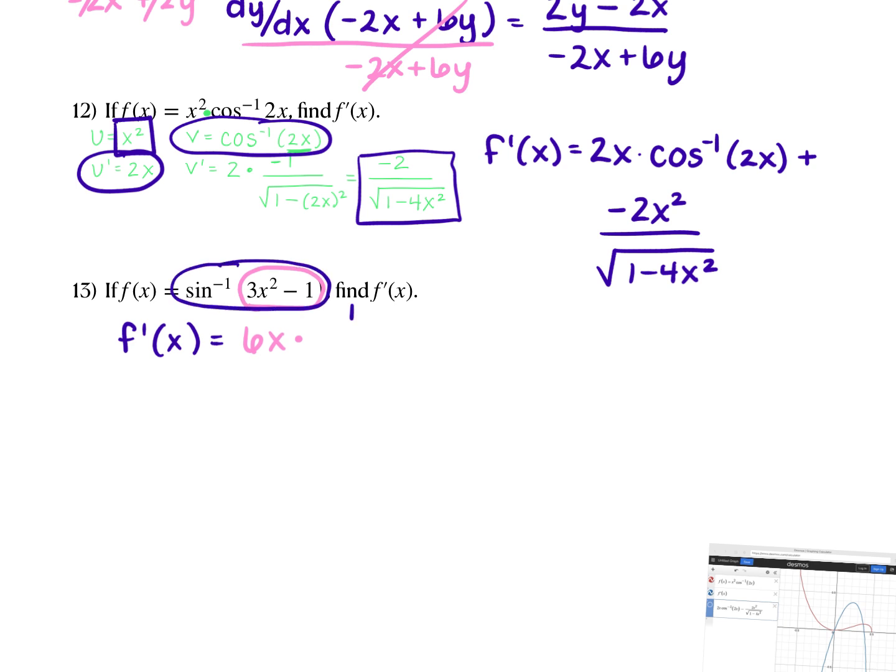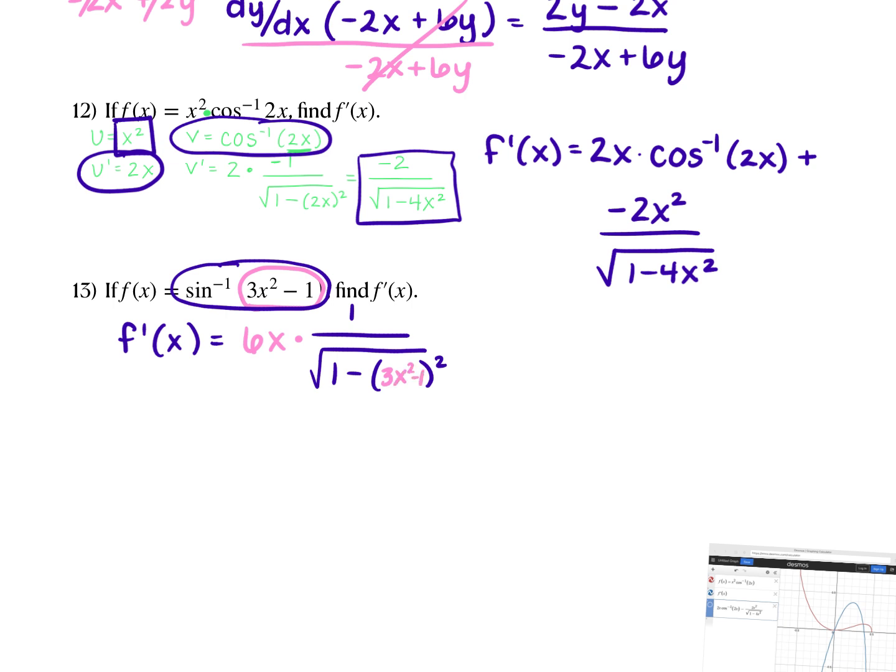Inverse sine is 1 over the square root of 1 minus x squared, except it's not an x, right? It's what's circled there in pink. So it'd be the 3x squared minus 1.